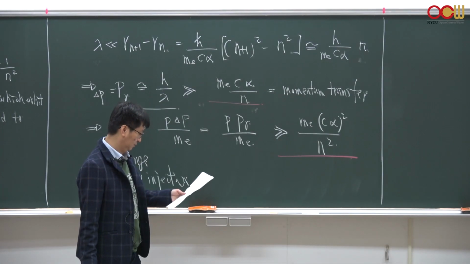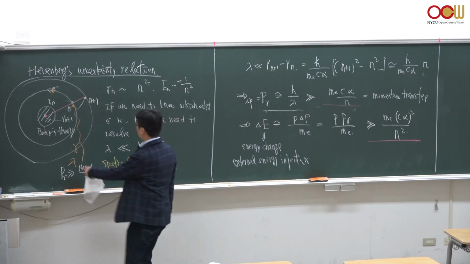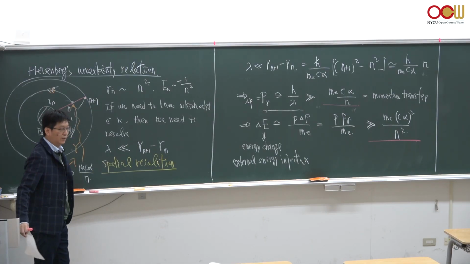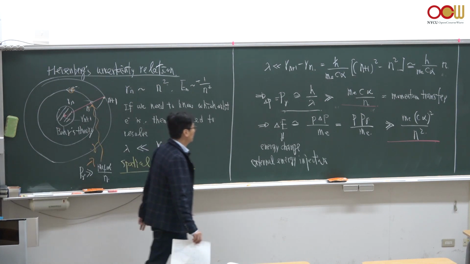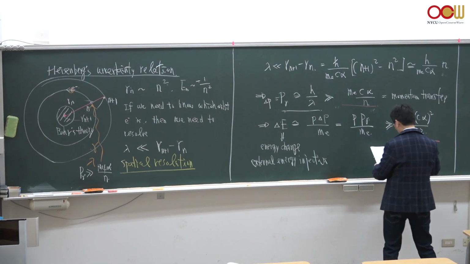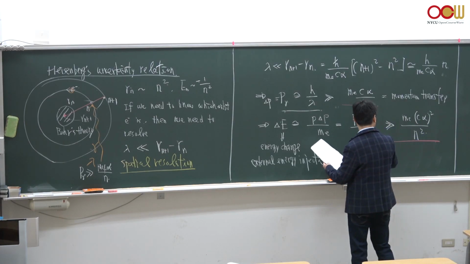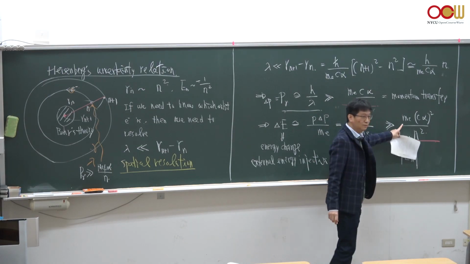What does it mean? It means that if you really want to see which orbit the electron is circling around the nucleus, you must send in a very high energy photon beam, and that energy is much greater than this value. Okay? But what is the value? This value is nothing but the energy of that electron in that Bohr orbit.